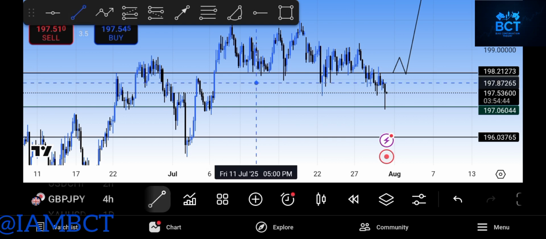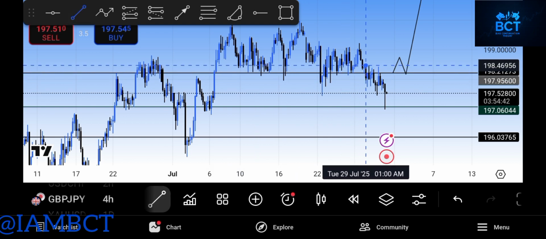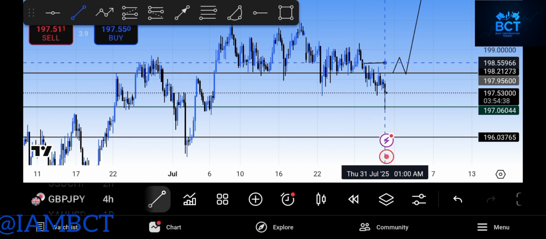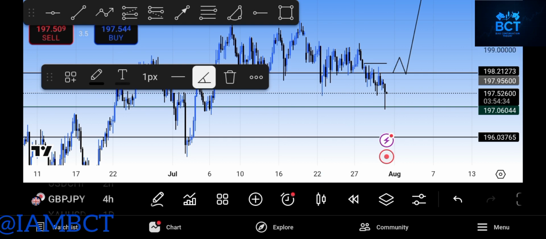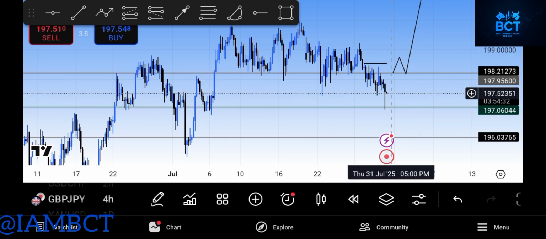When it comes up here, we expect it to break above those wicks with volume on the 4-hour time frame. Then we bank on this little other block right here. We are going to be expecting a zone from here. Actually, we are going to be catching the retracement from then to the upside.